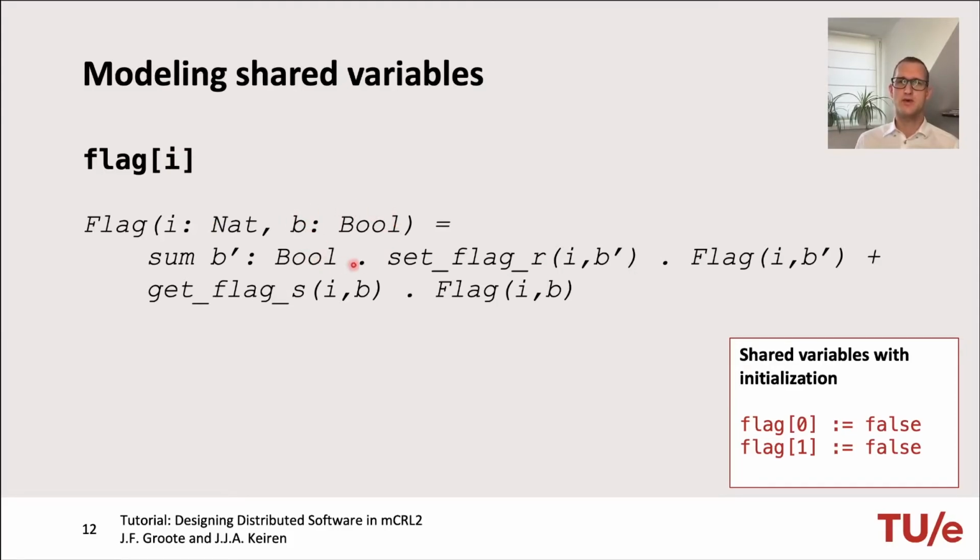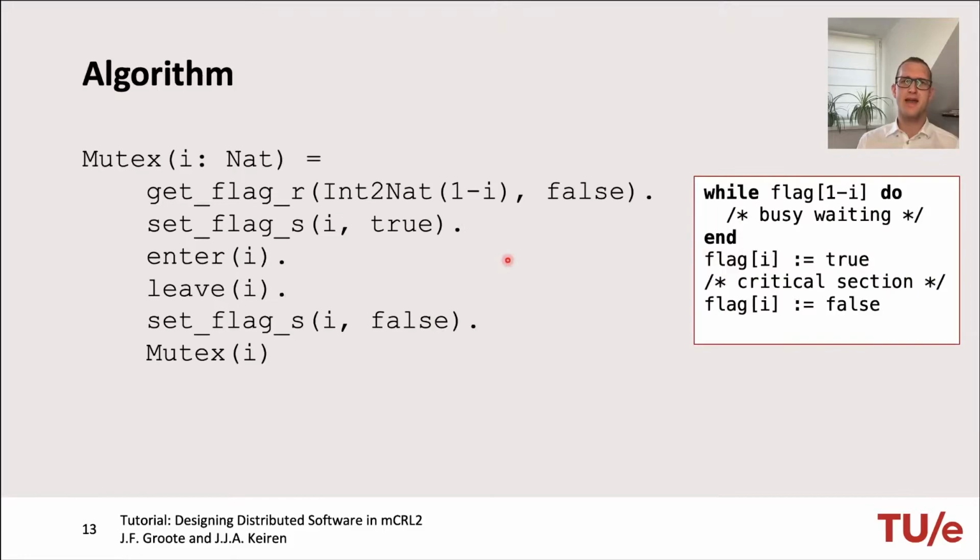And we can now set the flag to an arbitrary Boolean value, or we can get the current value of the flag. You'll see that the set flag and the get flag actions here have suffixes R and S. These will be used later on in the communication between the shared variables and the mutual exclusion algorithms. So this models the flag.